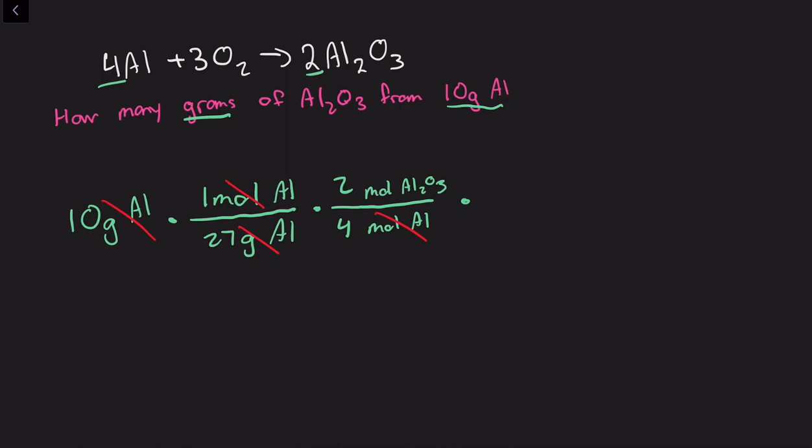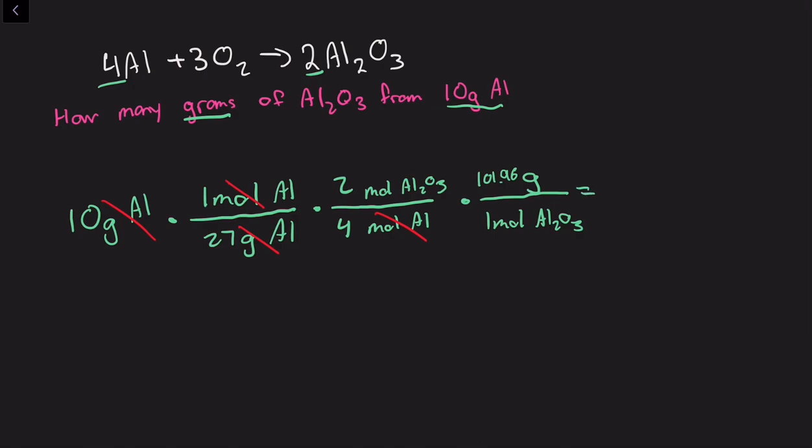We want grams of aluminum oxide. Here's where we're going to do our molar mass conversion. Again, just this time it's going to be for aluminum oxide. So I'm going to have my 1 mole of aluminum oxide on the bottom and our grams on the top. So the molar mass of aluminum oxide is going to be about 101.96.